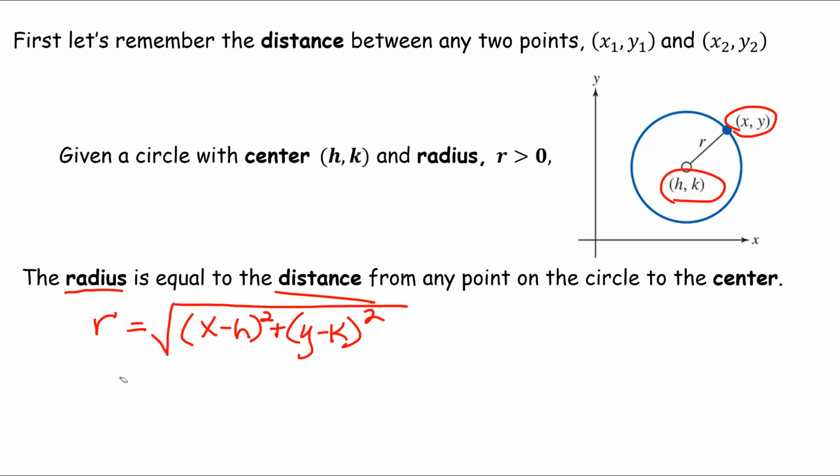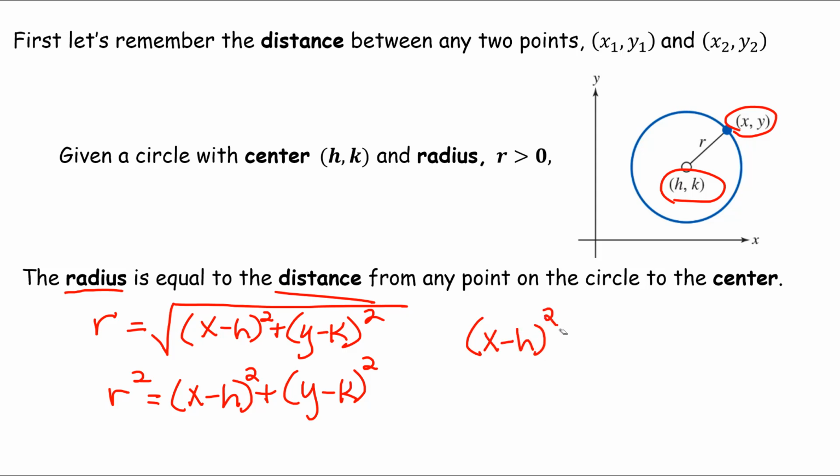If we square both sides of that equation, we have r squared is equal to x minus h quantity squared plus y minus k quantity squared. And this is the standard form for the equation of a circle. It just comes from knowing what a radius is. And so usually we write it with the binomials on the left side and the radius squared on the right side. So that's what it looks like.